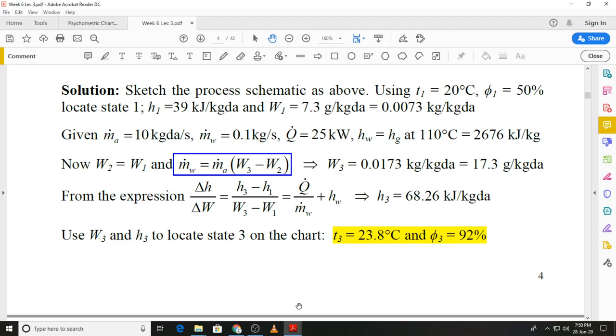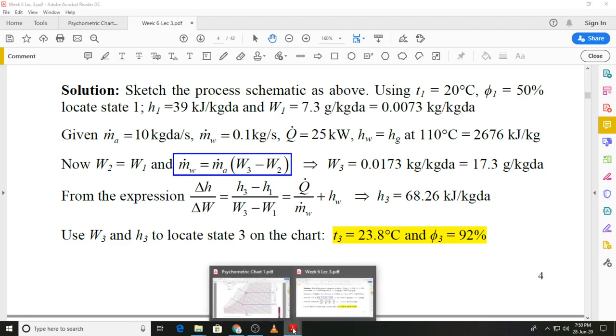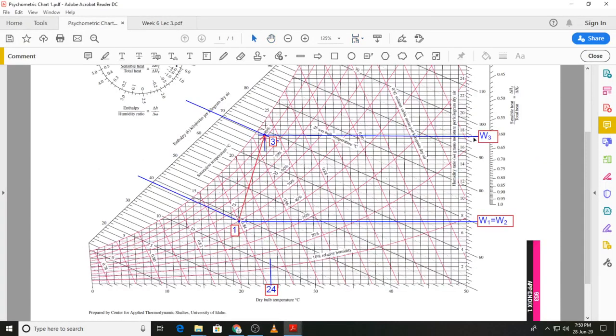So again, let's go back to the psychrometric chart, and you can see I have already marked out a humidity ratio of 17.3 over here. So we know that state number 3 will lie on this constant humidity ratio line. Now where does state 3 lie?